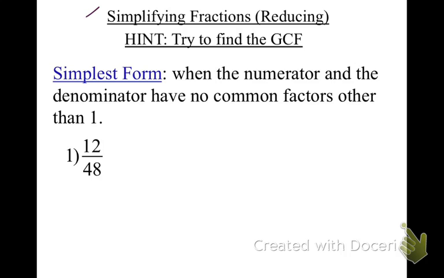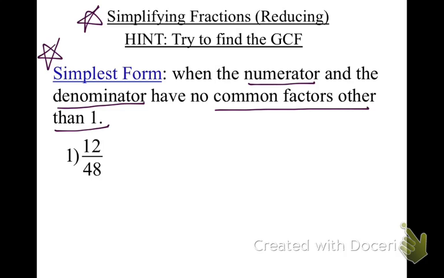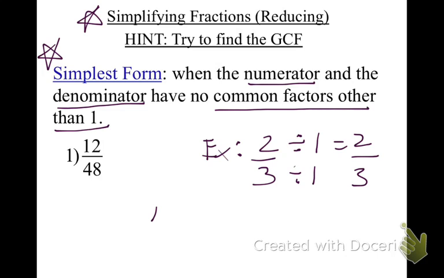Now, go and write down our directions as well as our new vocab word, simplest form. So basically, simplest form is when the numerator and the denominator have no common factors other than 1. So for example, 2/3 is in the simplest form. Why? Because the only number we can divide both by is 1, which gives me 2/3. Now a non-example would be 2/4.